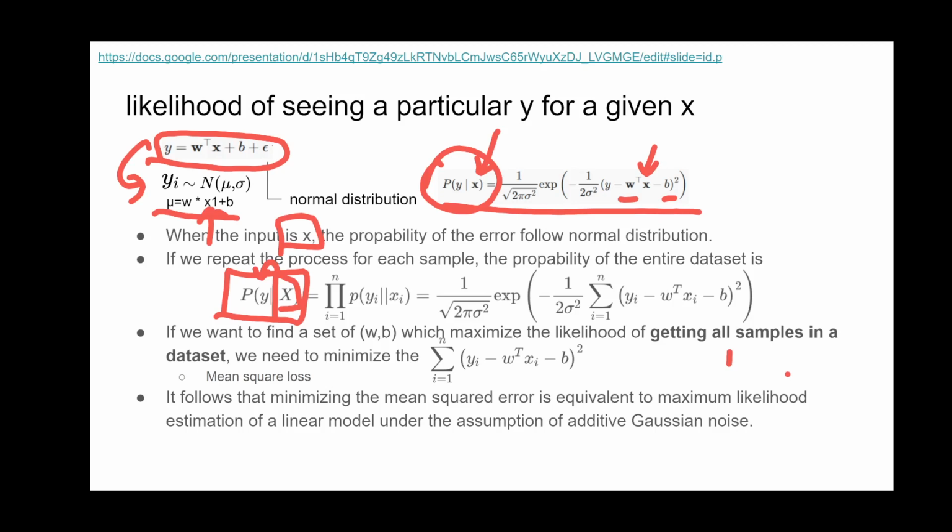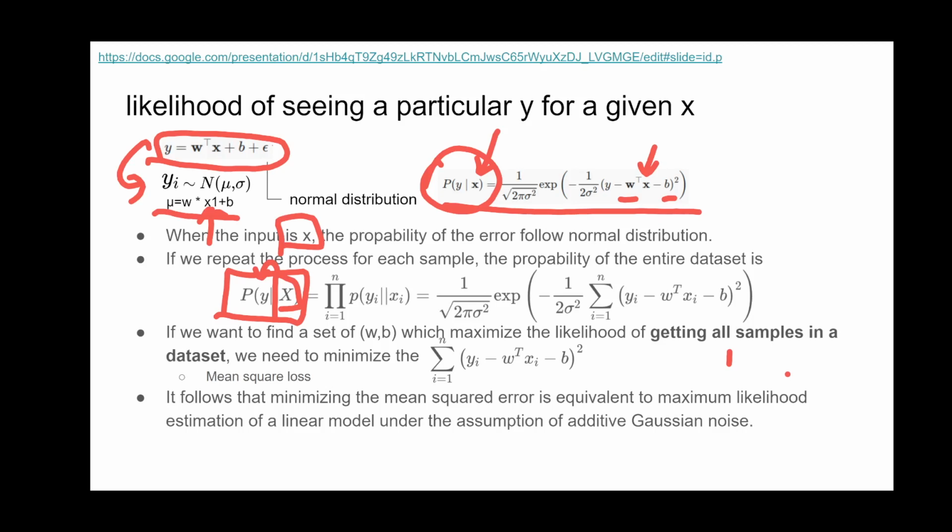In order to get the maximum value for the entire data set, we actually need to minimize this summation here, because there is a minus sign. So we need to minimize this term. If we can find a set of W and B which minimize this term, it will give us the highest probability of seeing the data set. So those are the W and B we want here.